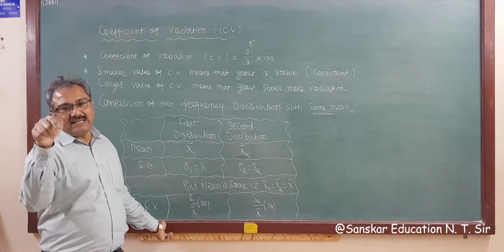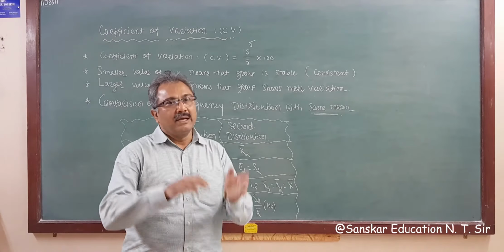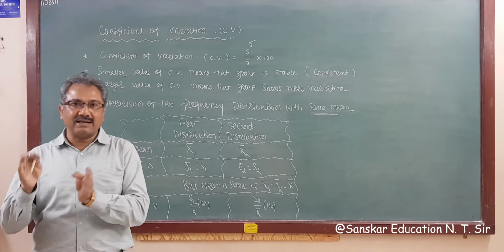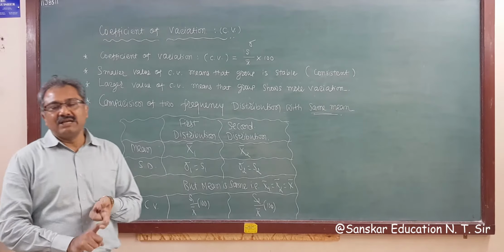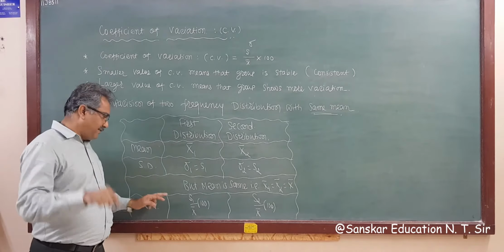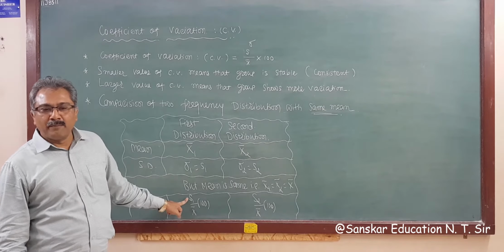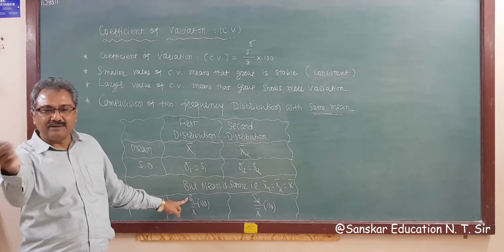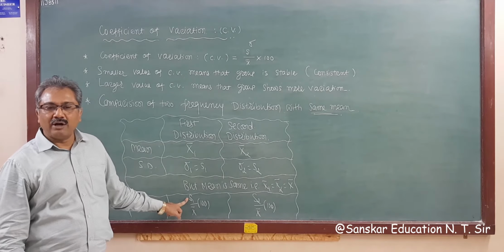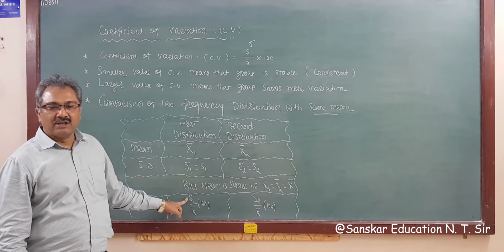Thus we can say that for two series with equal mean, the series with greater standard deviation has more variation, or more dispersion, than the other group.